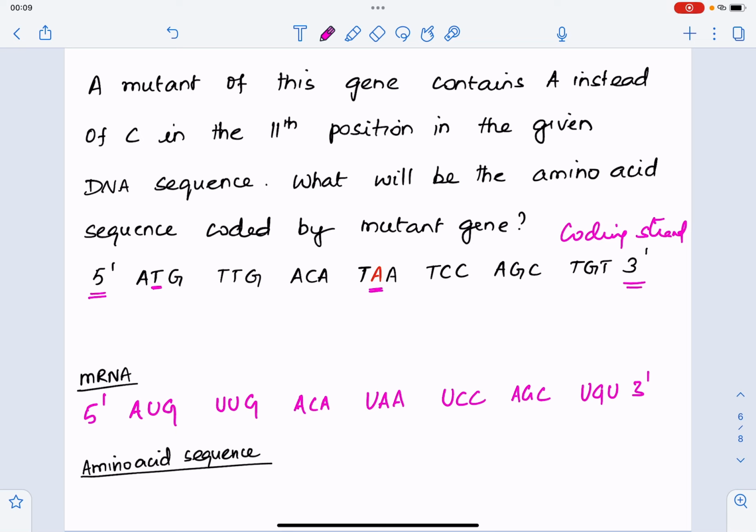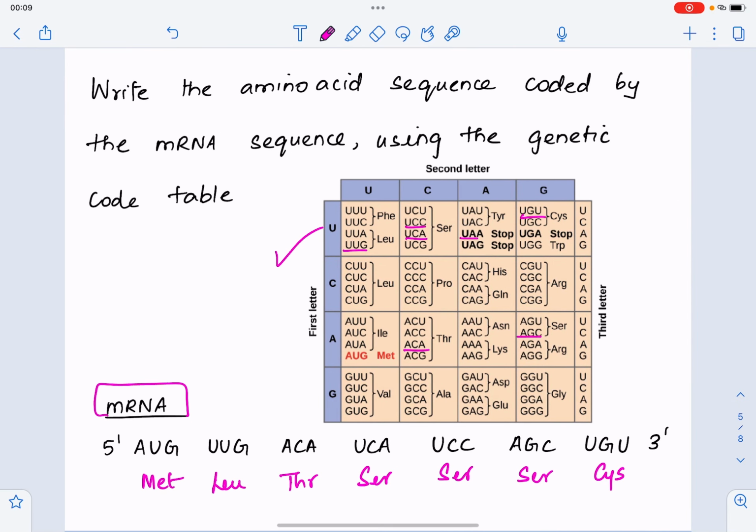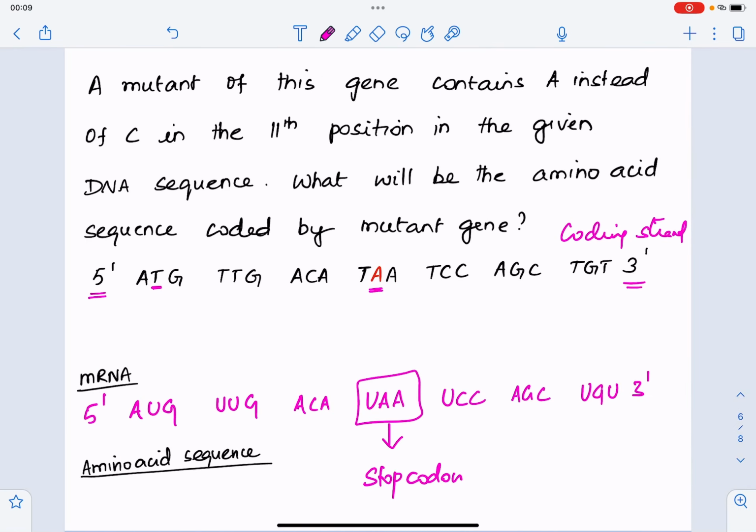Now what will be the amino acid sequence? The amino acids will be the same except in the mutated area. It is UAA. What is UAA? UAA, UAG and UGA are stop codons. So UAA in the 4th codon has become a stop codon.